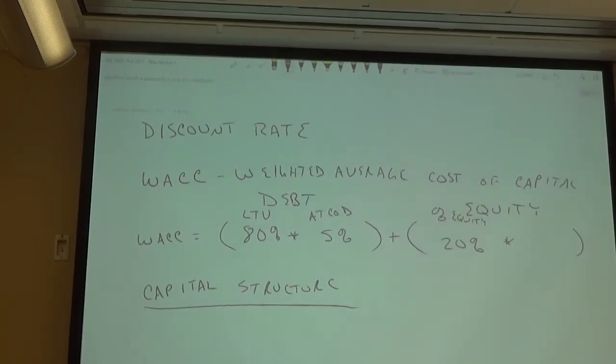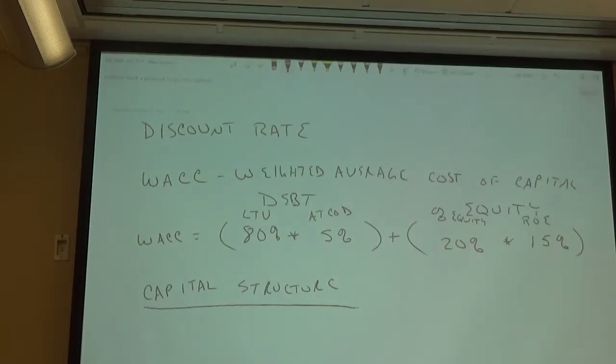Whereas my cost of equity, or I might actually refer to it as my return on equity, this is my hurdle rate with respect to just the equity piece. And so that might be, I don't know, 15%. Join with me so far?